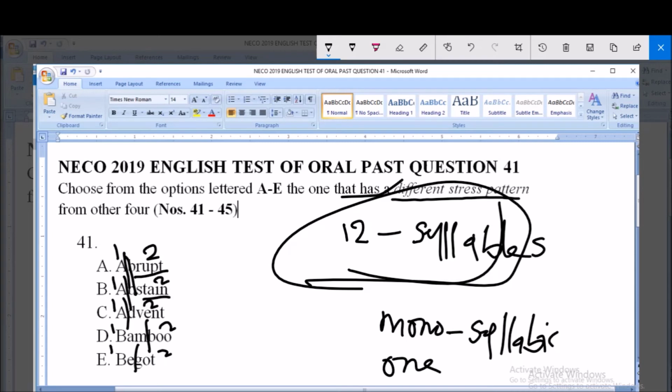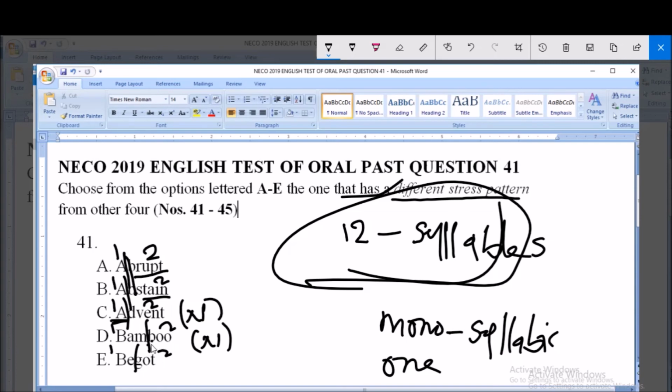Then we'll talk of option C, advent. The stress falls on the first syllable, although it is a noun word, take note of that. Then bamboo is also a noun word. It takes its stress on the second syllable.